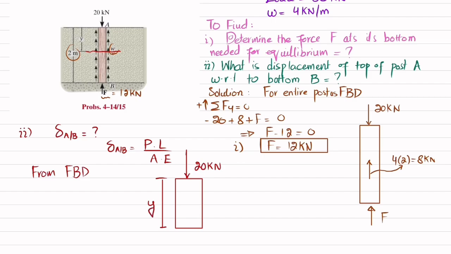So this distributed load, when converted into a point load, is w into y, and it will act at the middle. This force will be equal to w is 4 and y is this distance, so it will be 4y. And when you cut it, you will have a reaction force which is Fy, a function that changes with respect to y.